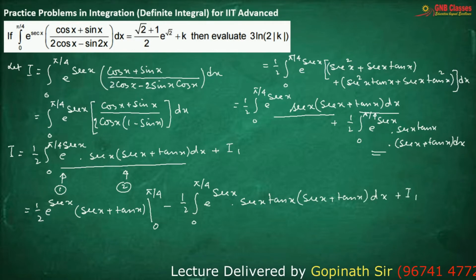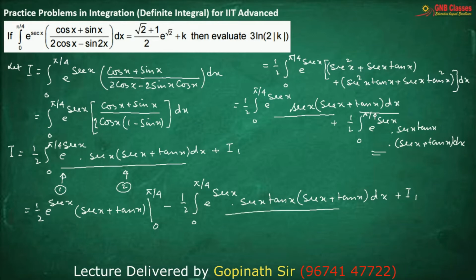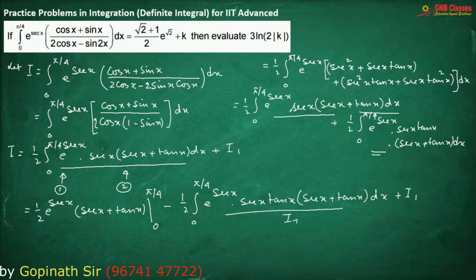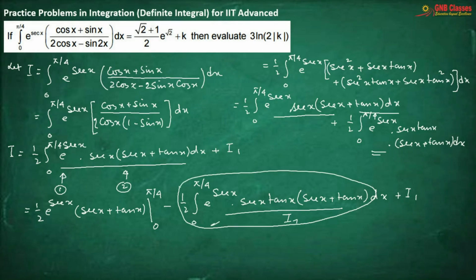Now you see, this part is nothing but your I1, isn't it? So if I put the value, this whole part is I1, right? So this part and this part will go off, and we are left with only this part.